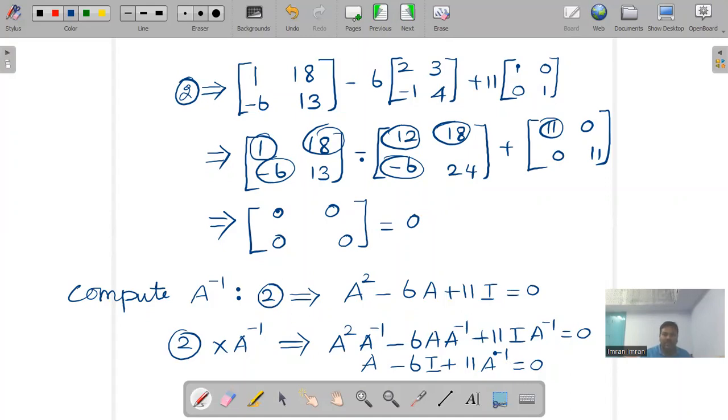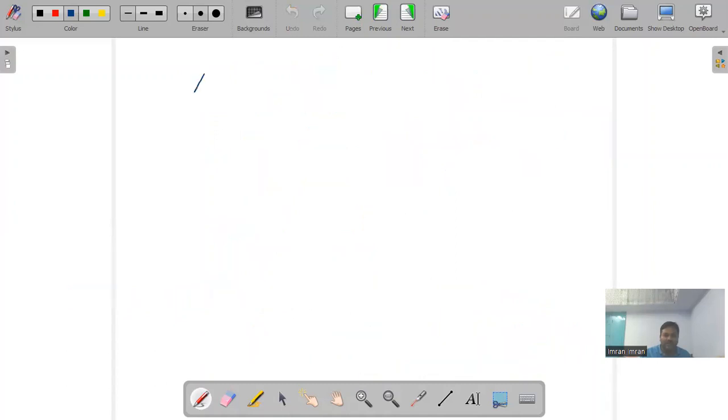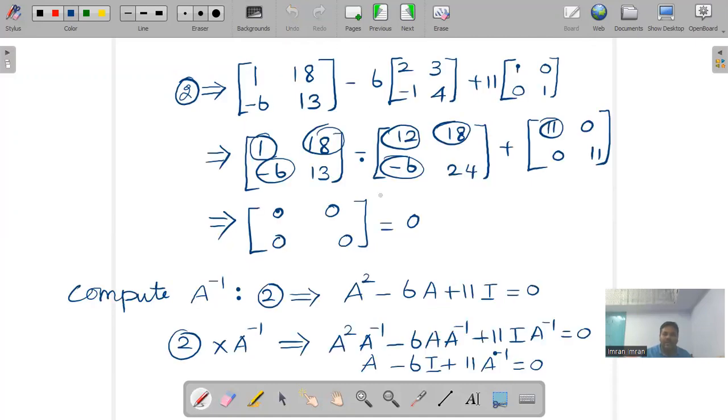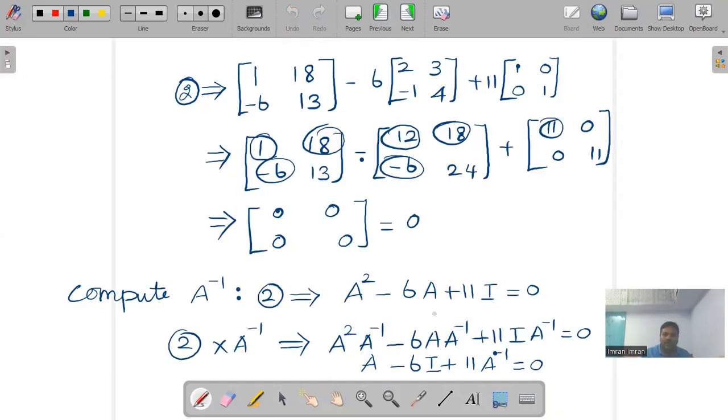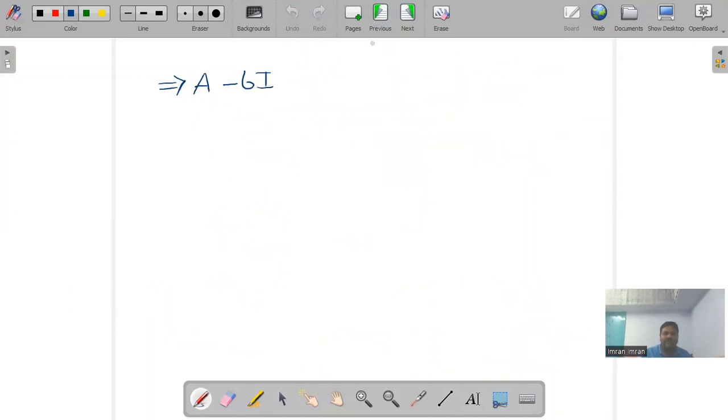A minus 6I plus 11 A inverse is equal to 0.